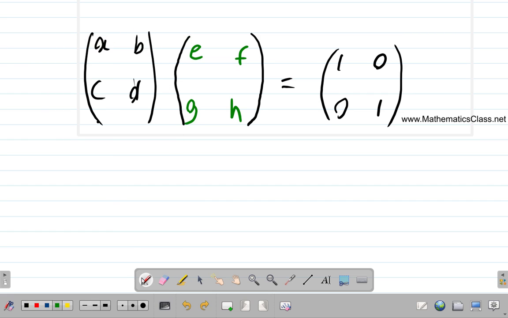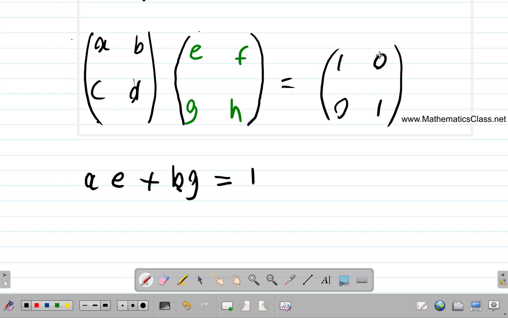You multiply A by E, and what you get is AE plus B times G. So it's BG. It's row 1 by column 1. Multiply the first elements together, then multiply the second elements together. And that is equal to 1. Good.